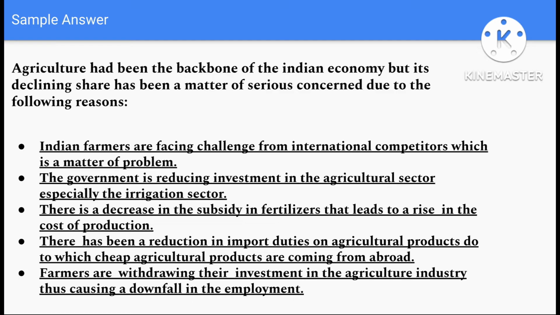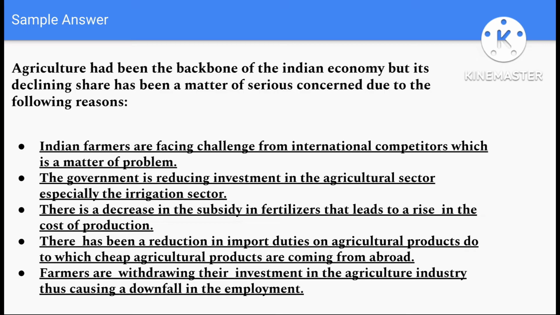My first point is that Indian farmers are facing challenges from international competition, which is a problem. Why are farmers facing this? Because of the reduction in import duties on agricultural products, due to which cheap agricultural products are coming from abroad. That's why farmers are facing challenges. So these two points explain the declining share.